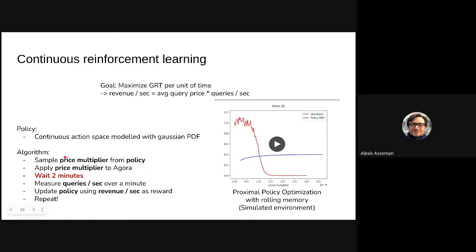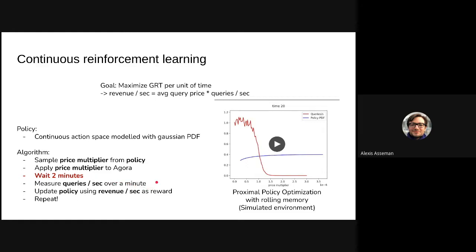So the idea is you sample that Gaussian for a price multiplier, you apply it to your Agora model, you wait 2 minutes. So that's the time we have to wait for the gateways to take into account our change.